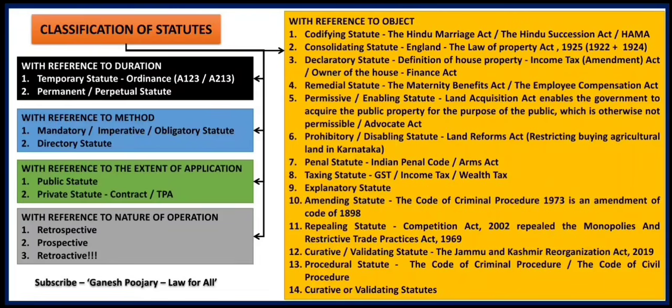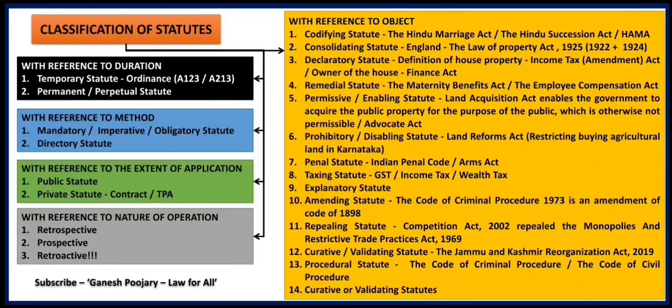And the 10th one, if an act is amended and gets a new form, those are known as amending statutes. For example, the Code of Criminal Procedure 1973, which we are now using, is an amendment of the Code of 1898.